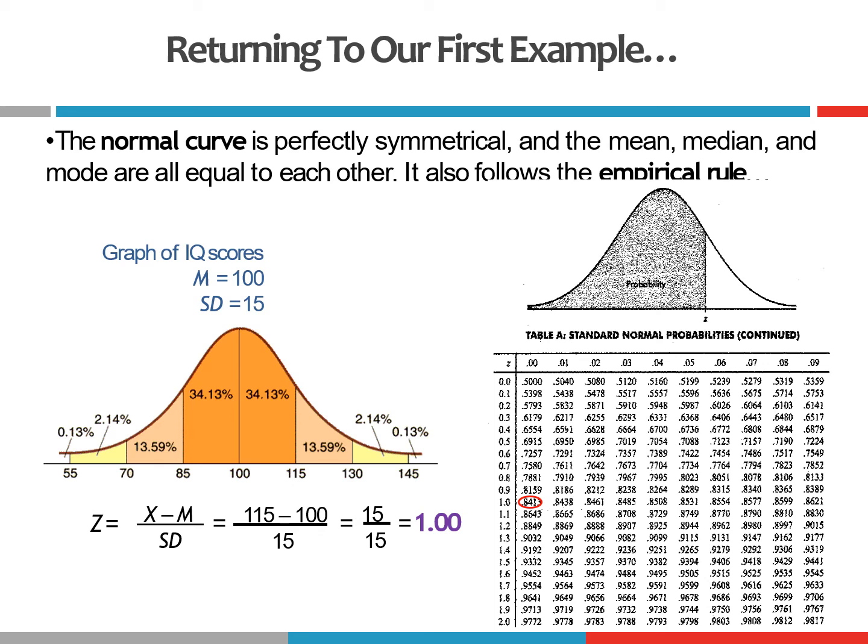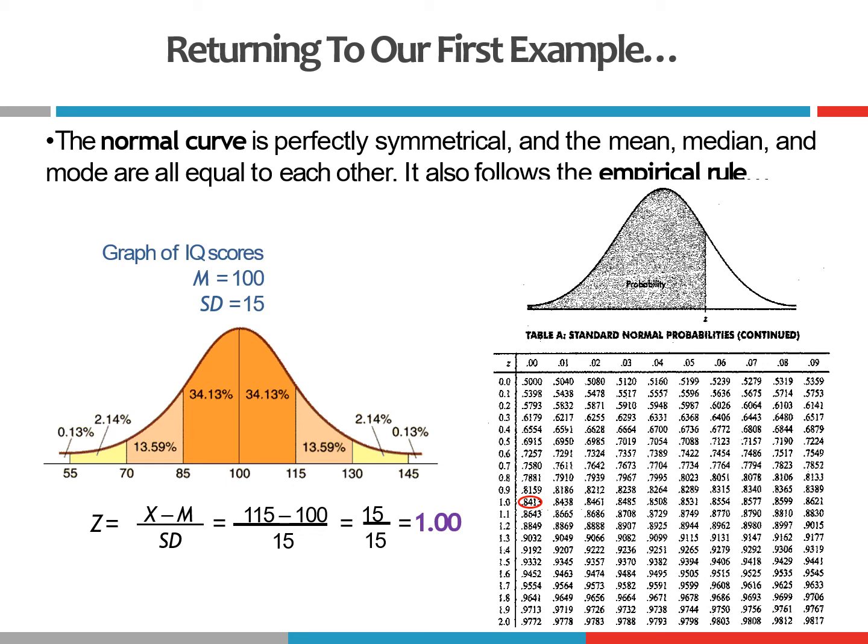And similarly, if we were to find a 1.00 in our table, we would see that the associated probability is 84.14%, right? And that means that 84.14% of the population has a score at or below 115, right?